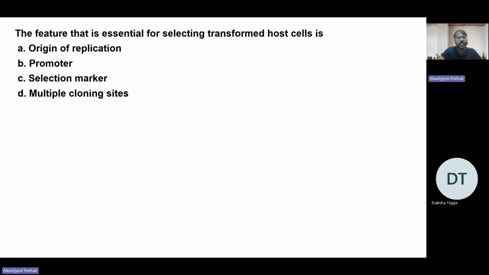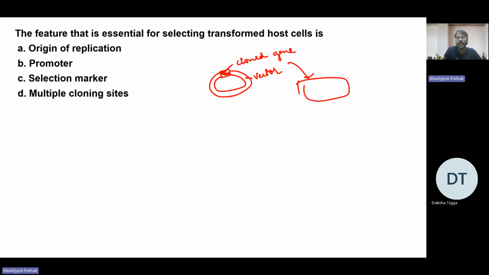Now moving to the next question: the feature that is essential for selecting transformed host cell. So you want to select host cells. After the cloning is done, a transformation is done. Once you have the cloned gene of interest in your vector, you have to transfer it into a host cell, for example, a bacteria.